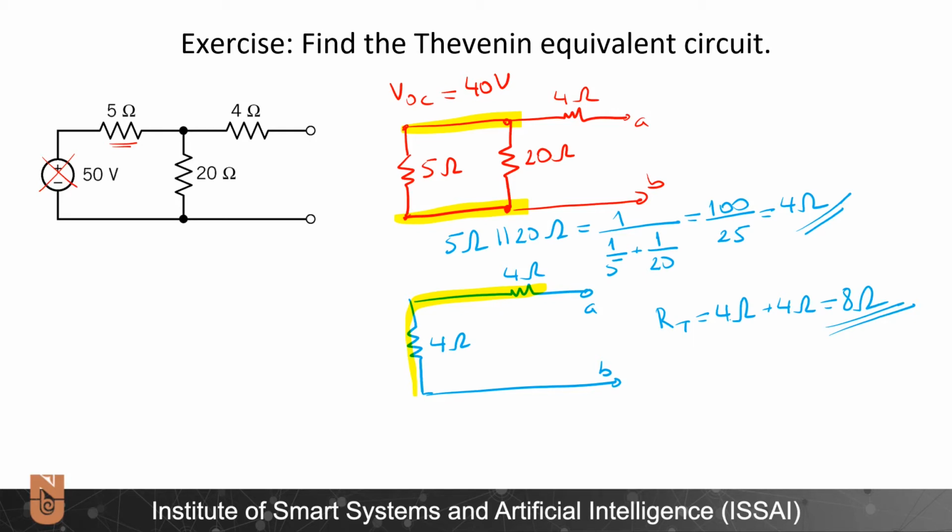So basically, this time I found the equivalent Thevenin resistance by doing the reduction of the resistors, and I found 8 ohms again. Therefore, this is another way of finding the equivalent circuit.